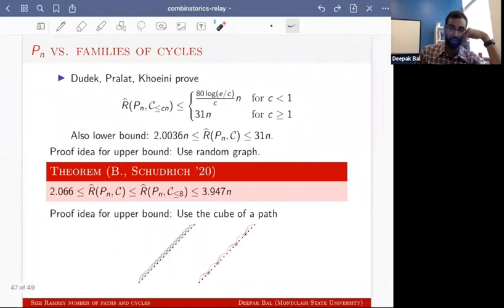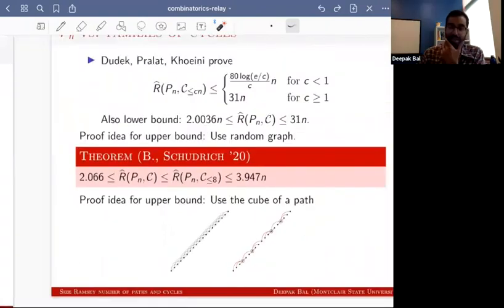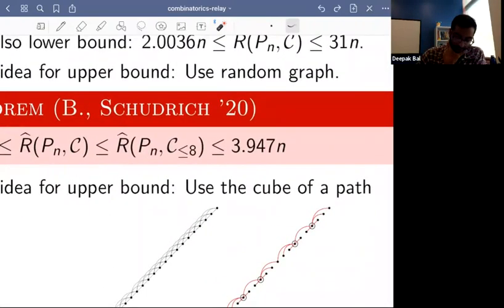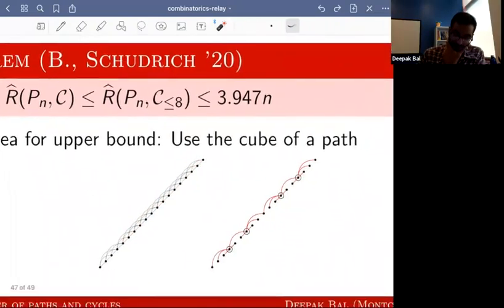Basically you want a graph that has lots of long paths, and if you try to split up the long paths, you end up deleting a cycle. So we use the cube of a path. If you delete any forest from this graph, some path still remains running through it.